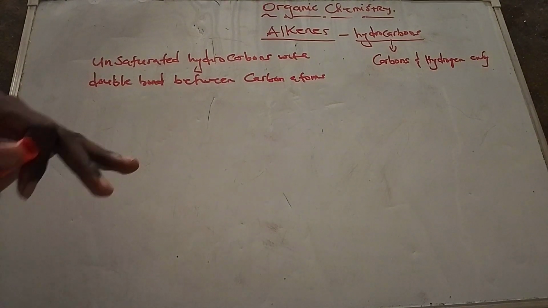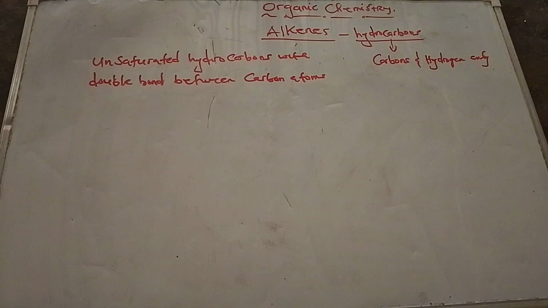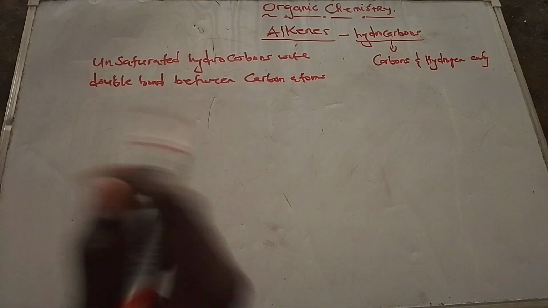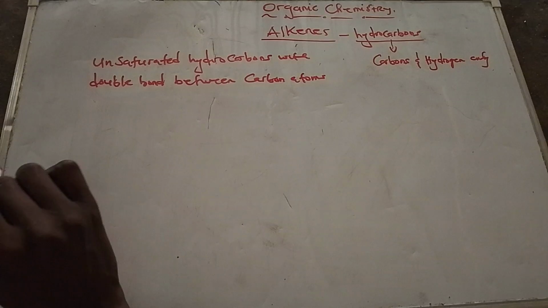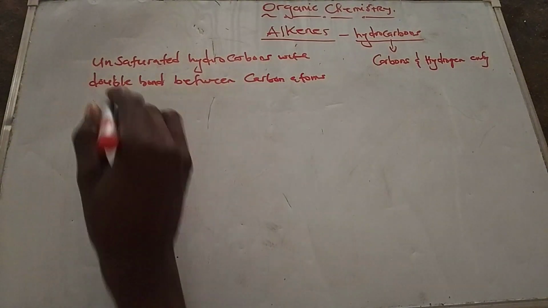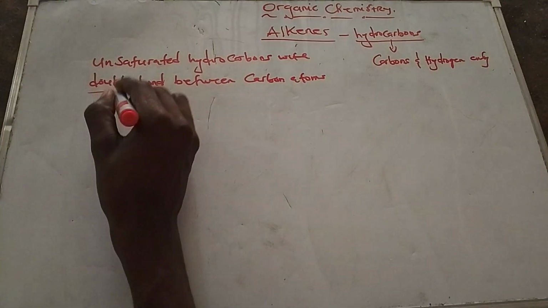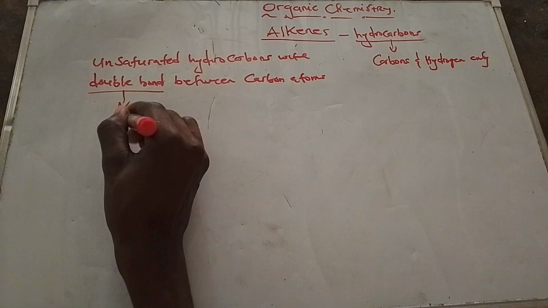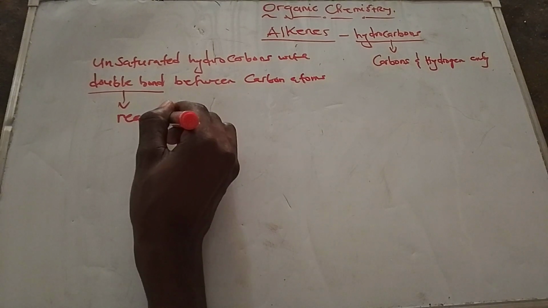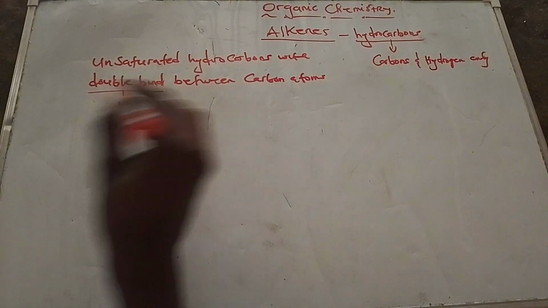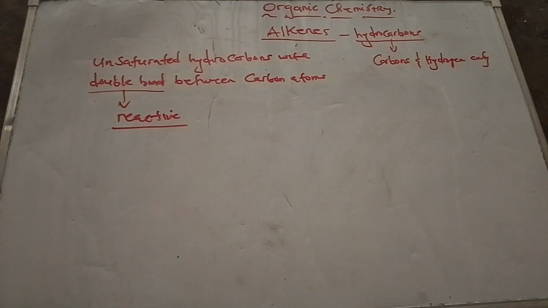So these are unsaturated hydrocarbons because they contain double bonds between atoms. Now from here, we need to understand that because of the double bond, they are reactive. They are reactive because they contain the double bonds.